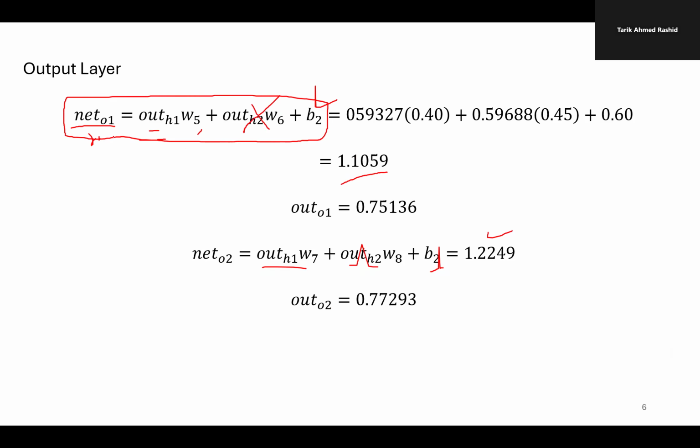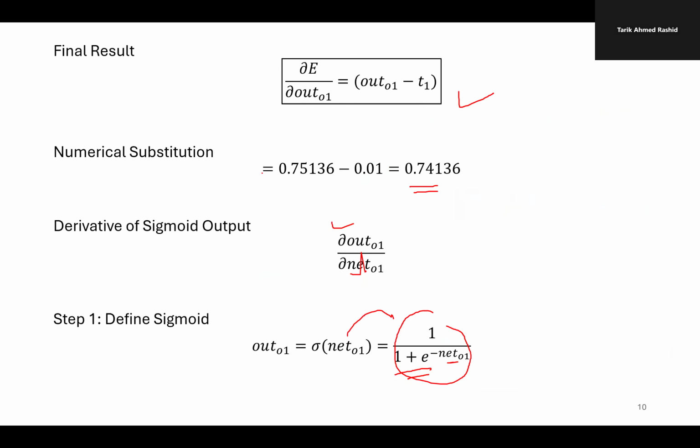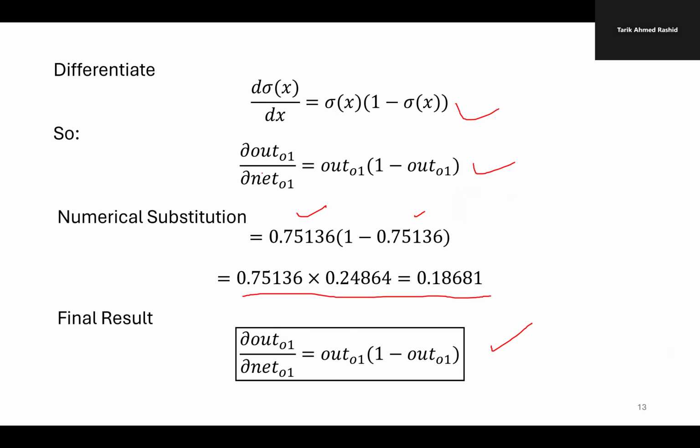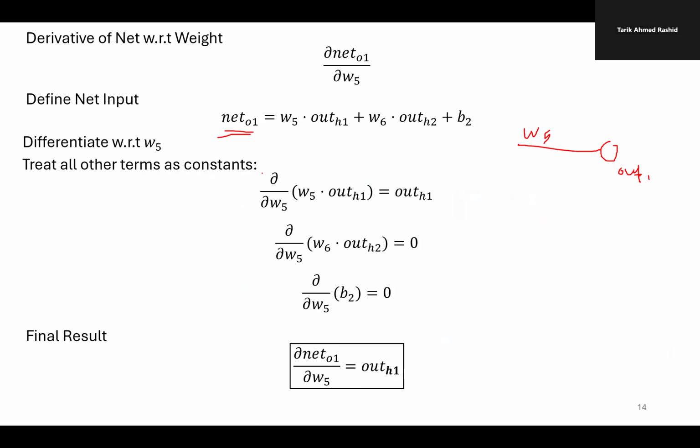So out 1, out hidden 1. I'll show you here. The derivative of this one will be 0, that one 0. It'll be only out H.